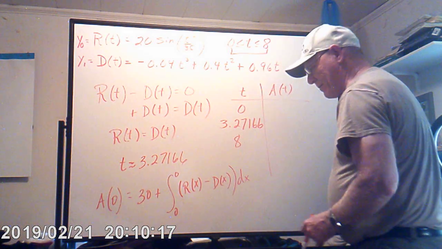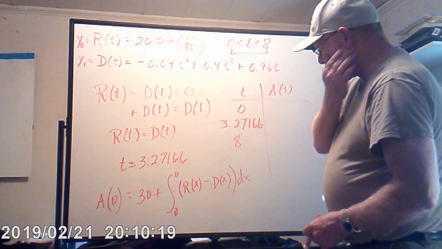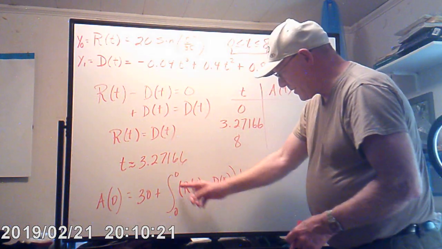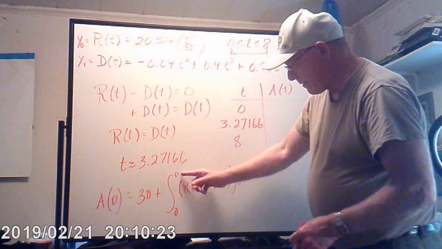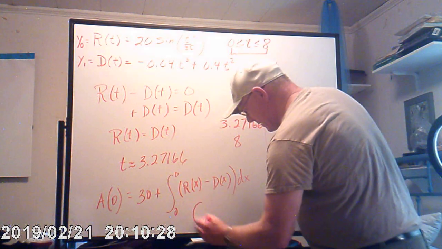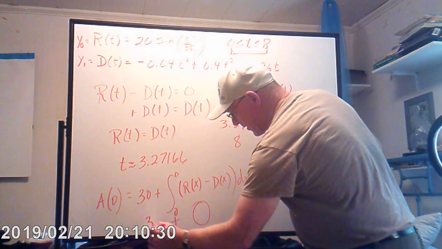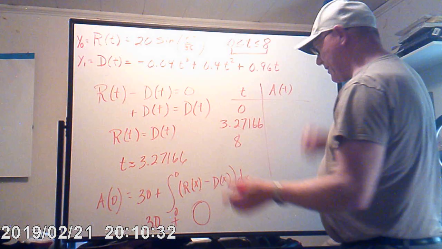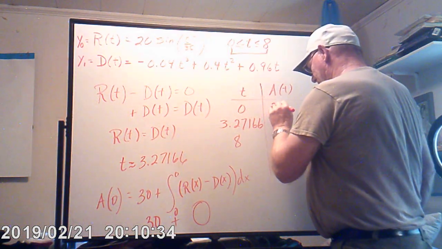Remember, that's what we had before. We're plugging that into that. Of course, when your integral goes from 0 to 0, all of this becomes 0, so this is 30. That's just the initial value. We should know that.